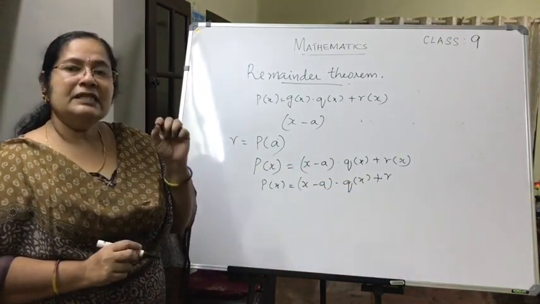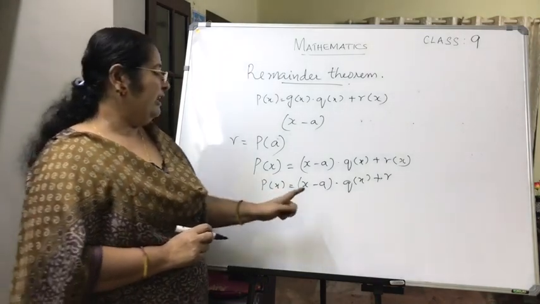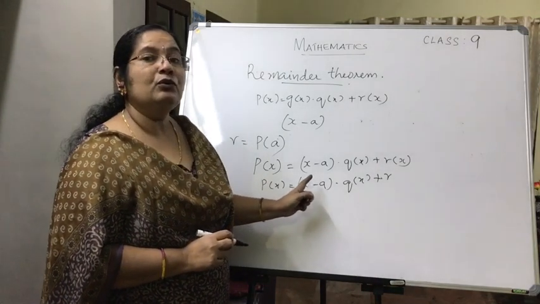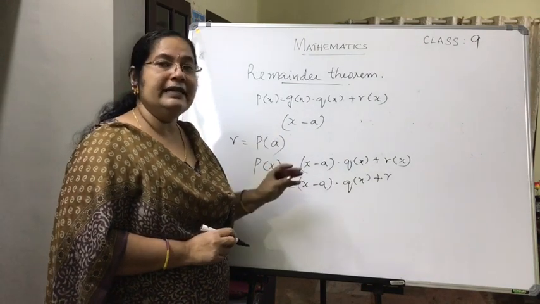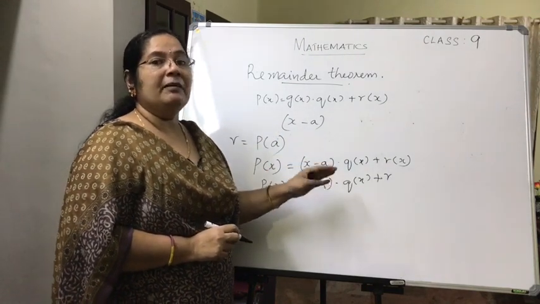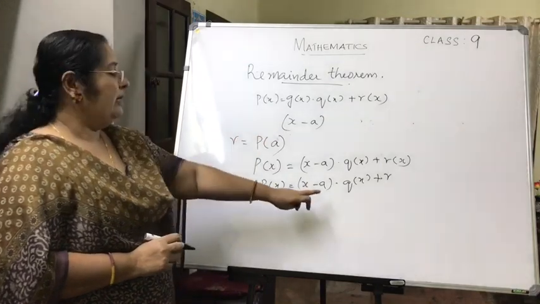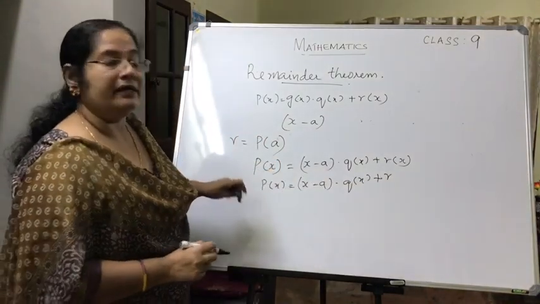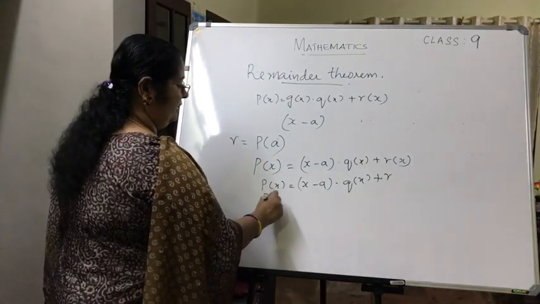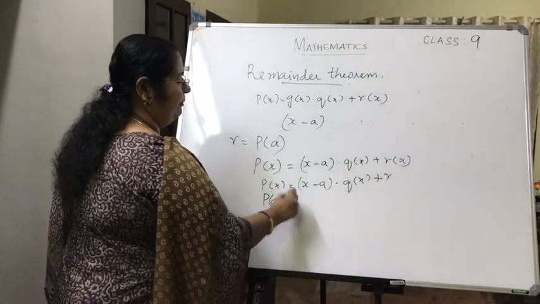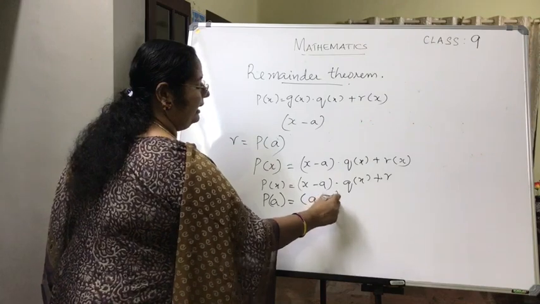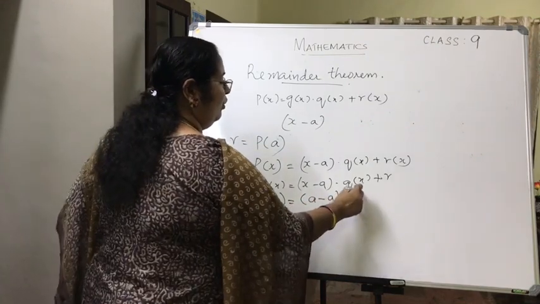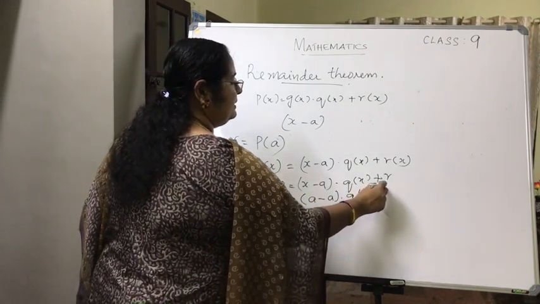Now for a particular case, when the value of the variable x is equal to the real number a, x will become a. So P of a will be equal to a minus a into q of a plus r.